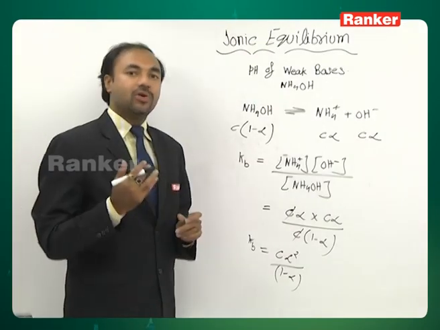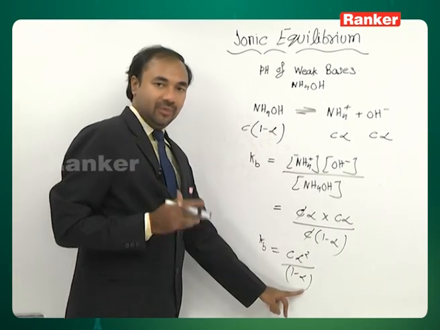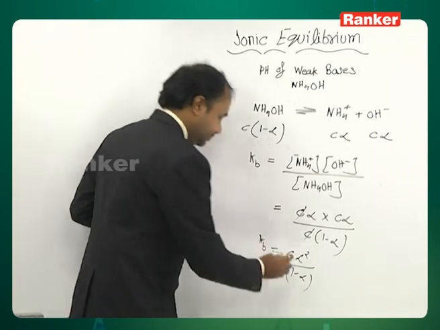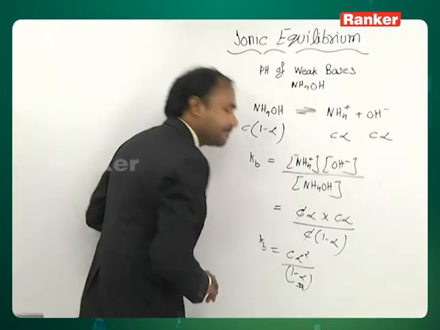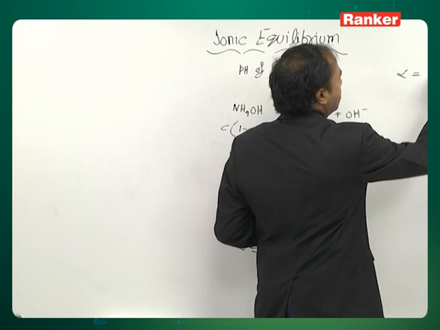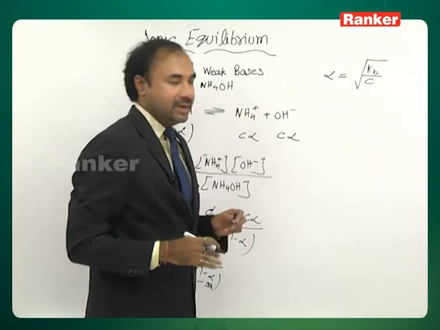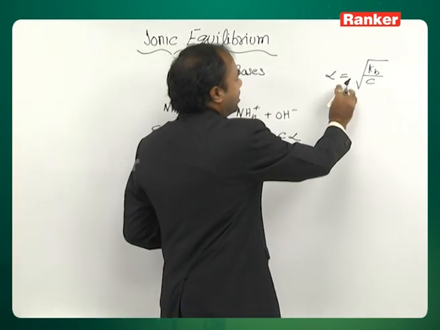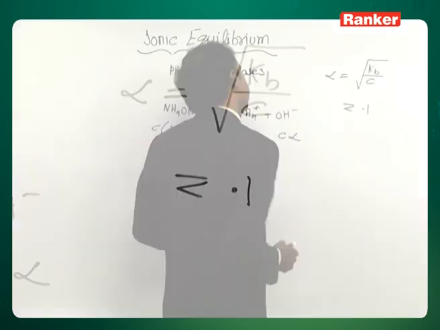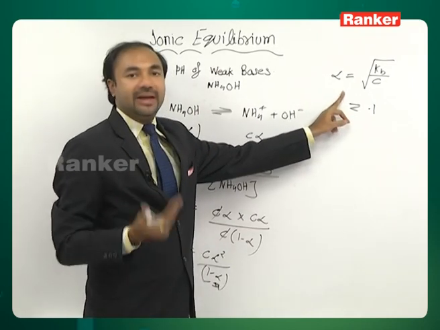Similar case exactly like we got previously for weak acid. We have got here a quadratic equation. We try to simplify this. We take the approximation of neglecting the alpha as compared to 1, and now we get alpha as equal to Kb by C under square root, right? Exactly same thing you can understand now. If the value of alpha comes out to be equal to or lesser than 0.1, we say our approximation to neglect alpha here is valid.